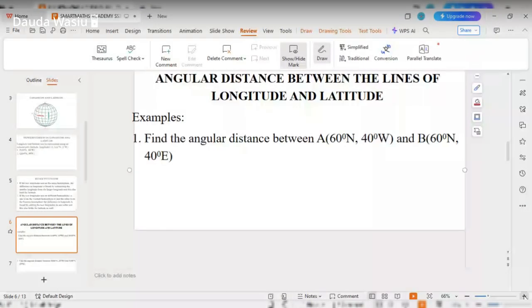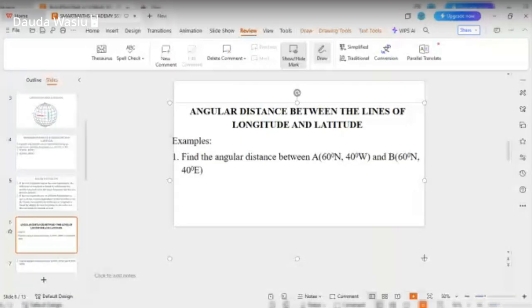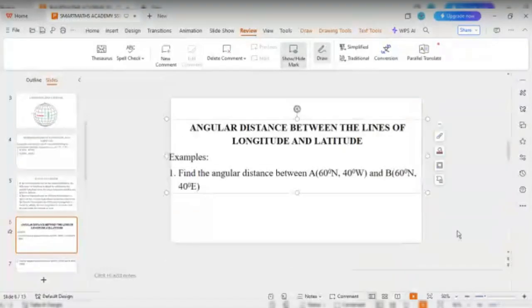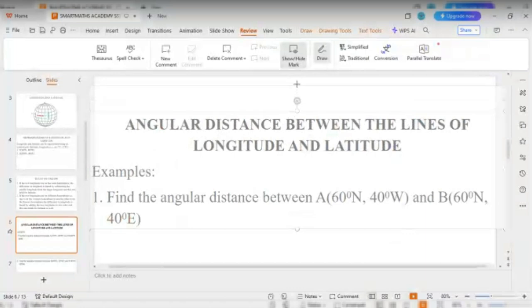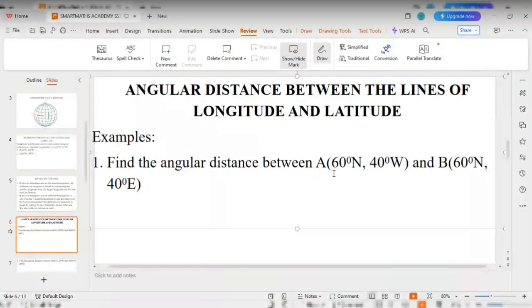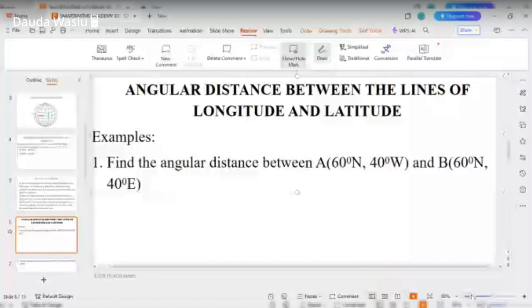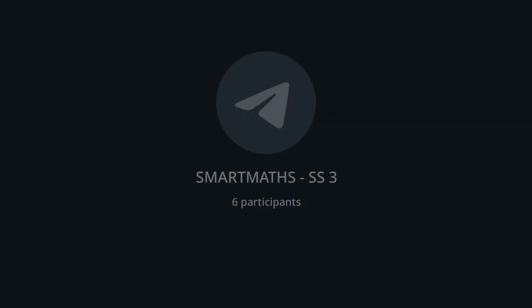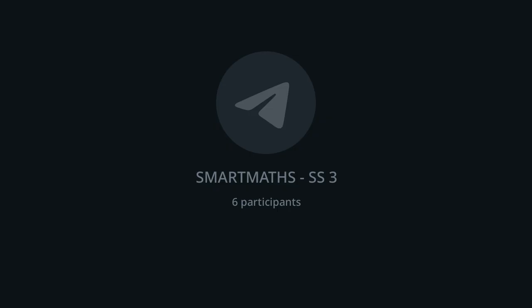Okay, let me try it like this. So, angular difference. I'm trying to adjust it so that I'll be able to write. So the angular difference now.